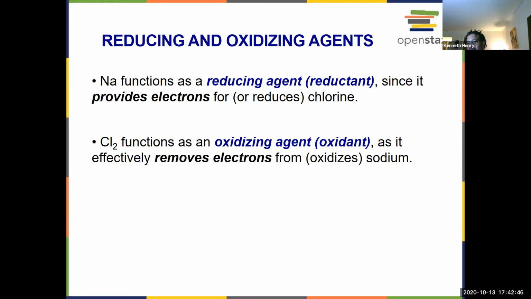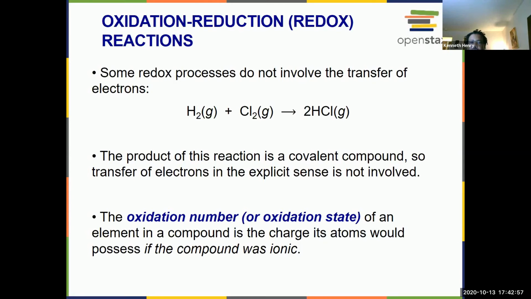Okay, so let's add a little more to it. Now, when you're talking about covalent things, we have to provide what we call the oxidation number. There are going to be some rules to remember. Anytime that you're working with an element itself, it is going to have an oxidation number of 0. Let me write these down.